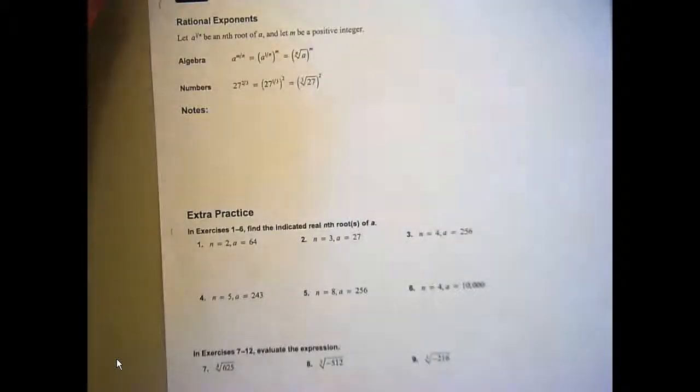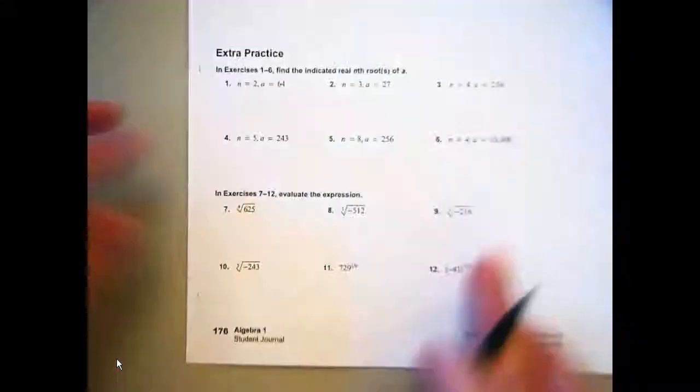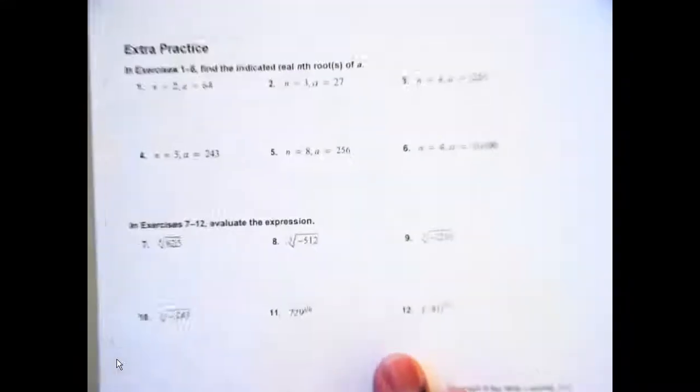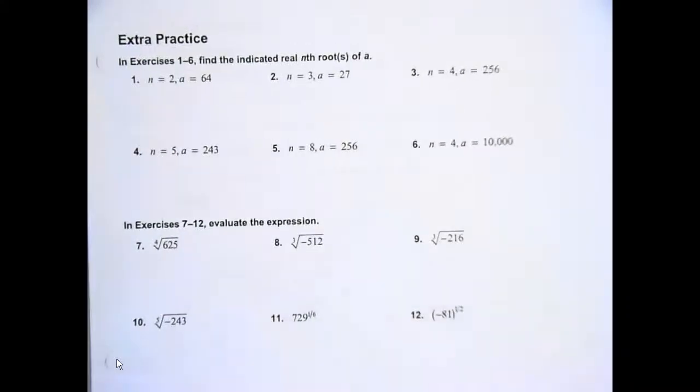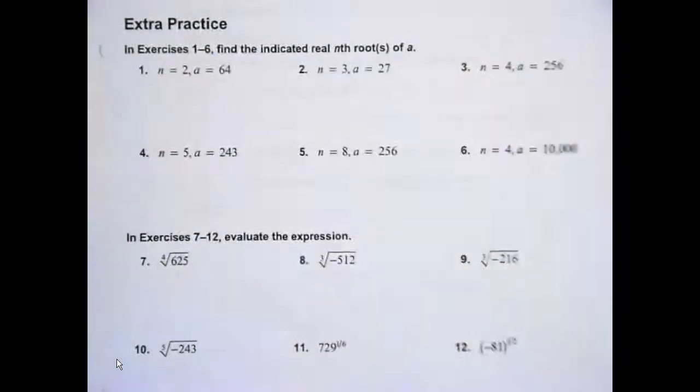Okay, so I want you to take a look at page 176. On page 176, we're going to go ahead and talk about how to do these types of problems and what they're asking you to do as you go through this extra practice here.